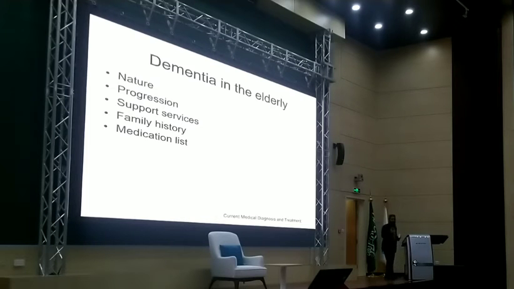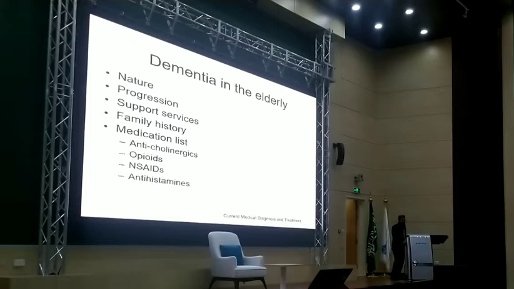So this is fall. Now we talk about dementias. What is the difference between dementia and delirium? Delirium is acute. Yes, number one, delirium is acute.